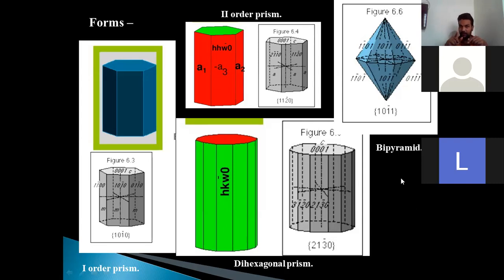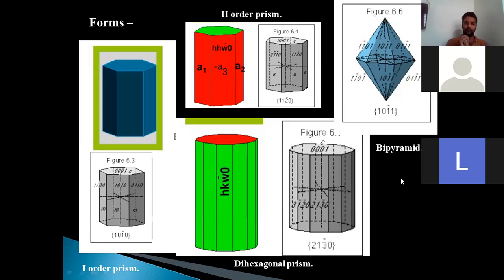But in the second order of prism, the axis is not intercepting at the edge, but it is intercepting at the face, and because of which the notation has changed. So in first order it was 1 0 bar 1 0, a representative notation, whereas in the second order prism, the representative notation is 1 1 bar 2 0. It is complex, you have to read it, you have to understand it. If you don't get it, you can just put your query, no problem.